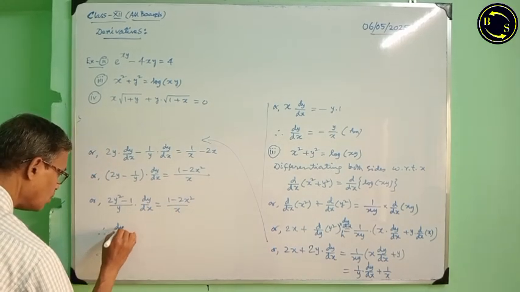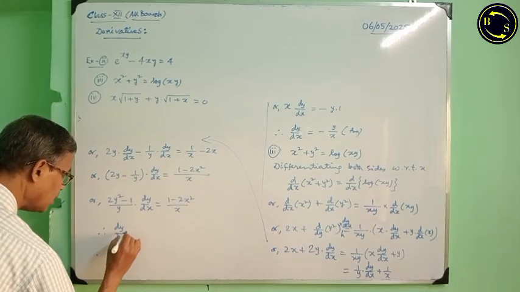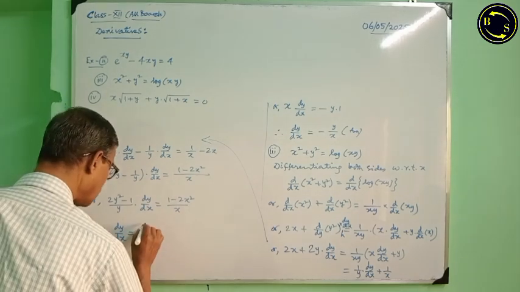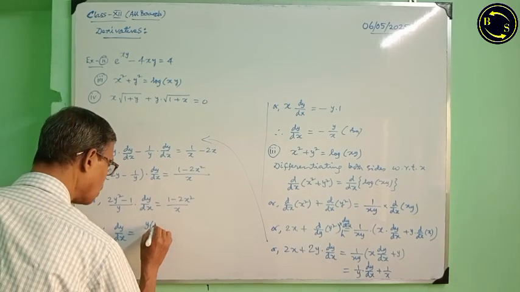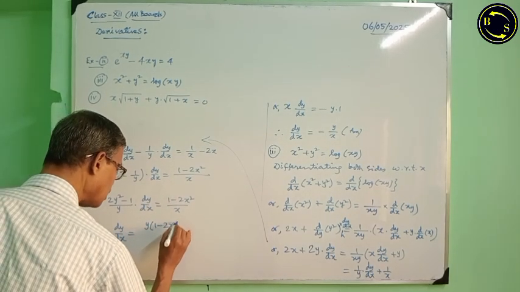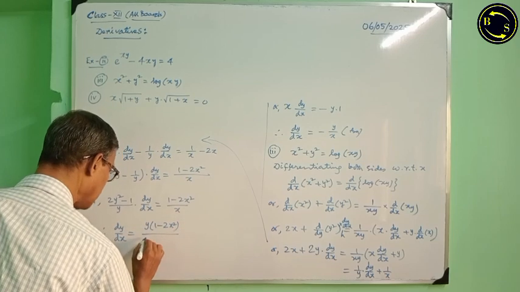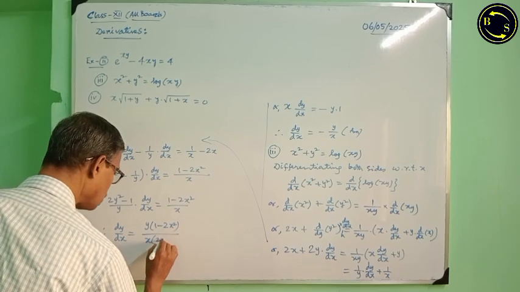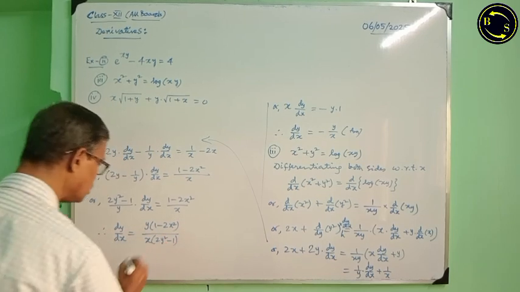Therefore, dy/dx is equal to y into (1 minus 2x square) divided by x into (2y square minus 1).